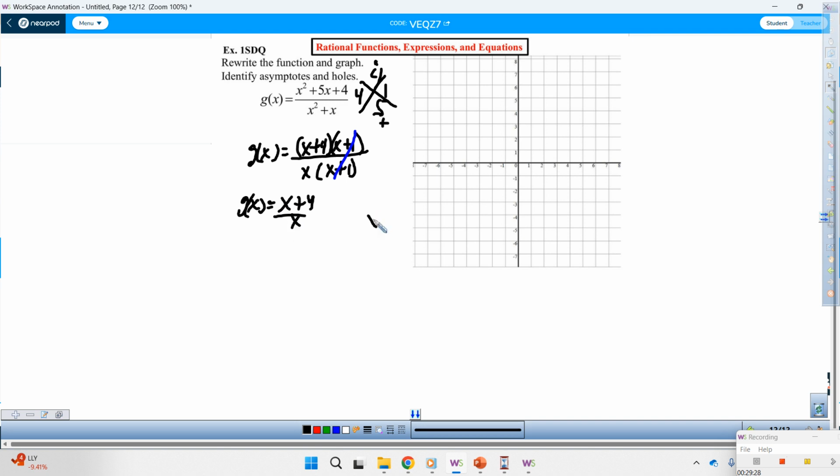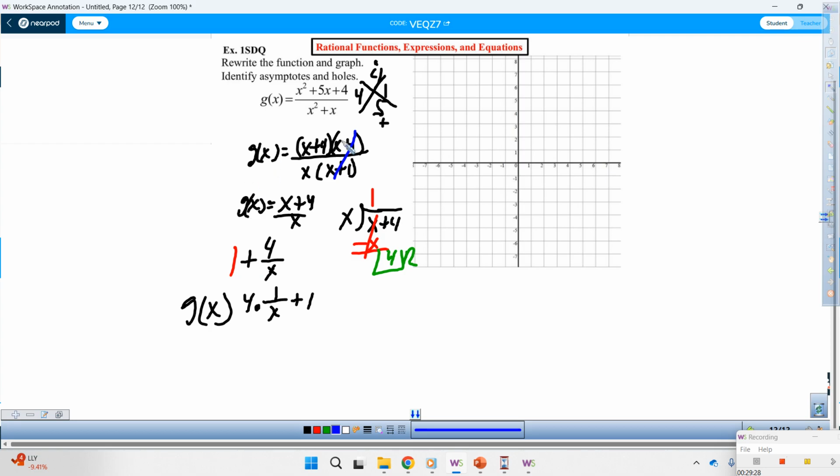We do long division. x plus 4. Fits in there one time. Remainder of 4. Answer is 1 plus 4 over x. However, this becomes 4 times 1 over x plus 1.